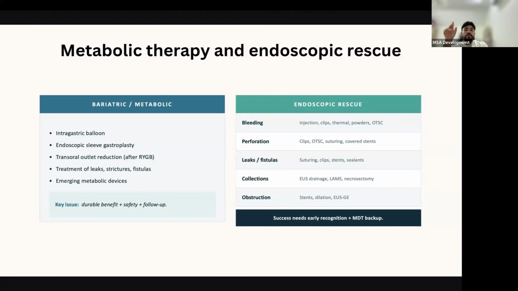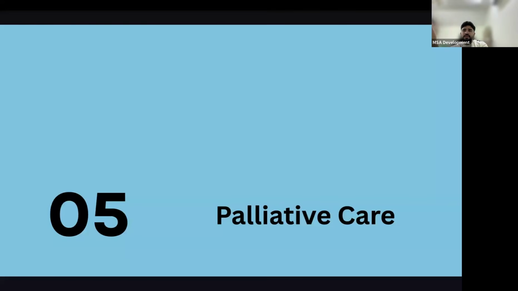If there's any sort of obstruction, you can open it up and put a stent, right? So these are all things that we call endoscopic rescue. It goes in and saves the day. Okay. However, the success depends, of course, on early recognition, and having a team that will back you up. Okay. And that's really it for AI and robotics in medicine.